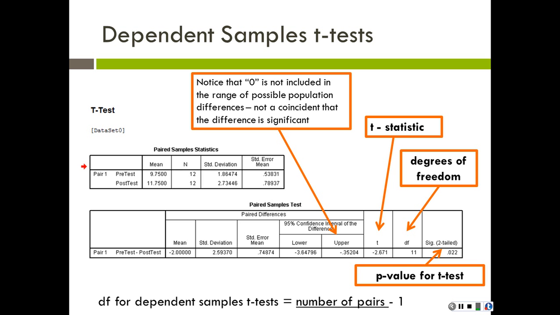So 0 is not a possible value. We're 95% sure 0 is not an option, and so it is significant, because 0 is not in there. We're 95% sure that a difference of 0 between pre and post test scores is not an option.